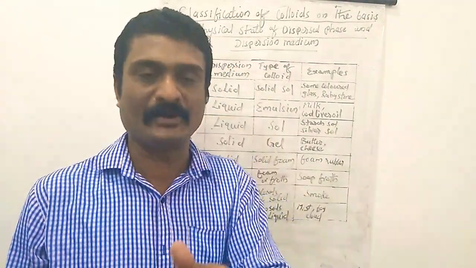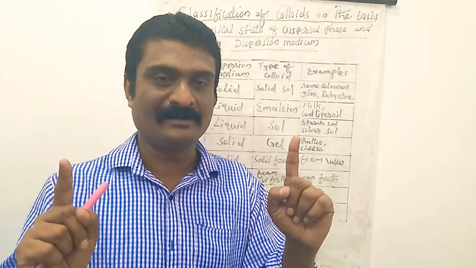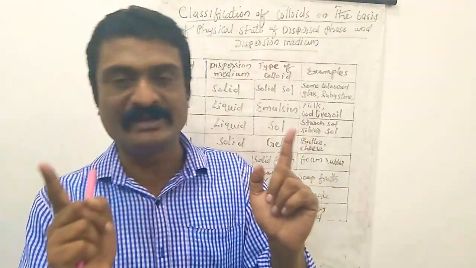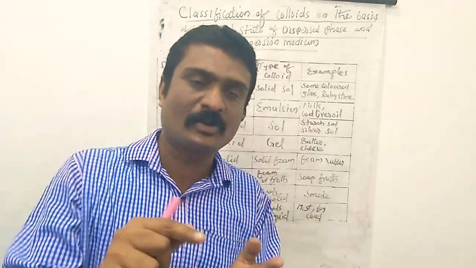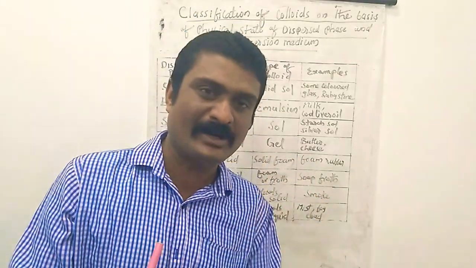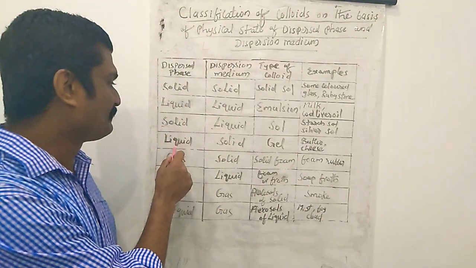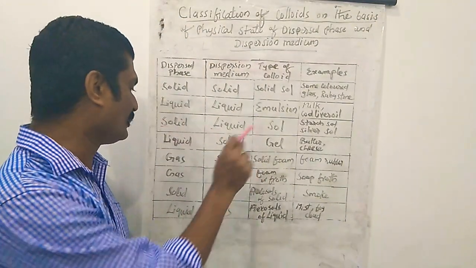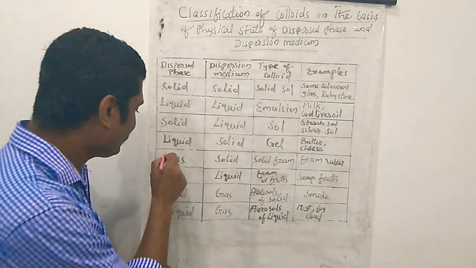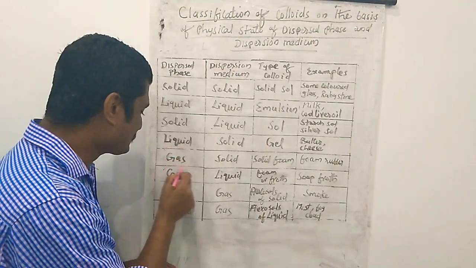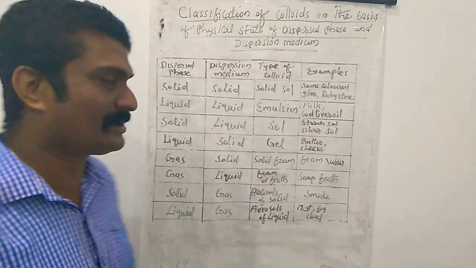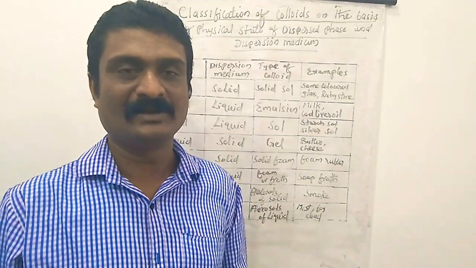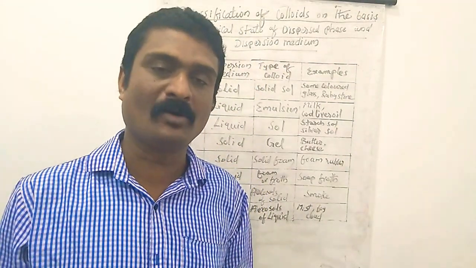Solid in liquid, S in L. Please write O between S and L. Then it becomes sol. Next type, liquid colloidal particles dispersed in a solid, it is called gel. Then if the dispersed phase, the colloidal particles are gases, it is called foam or froth.